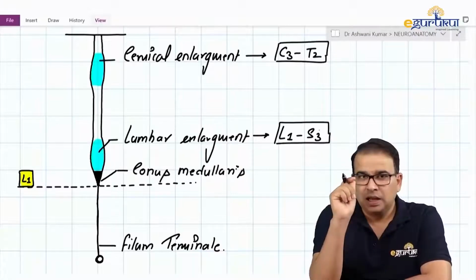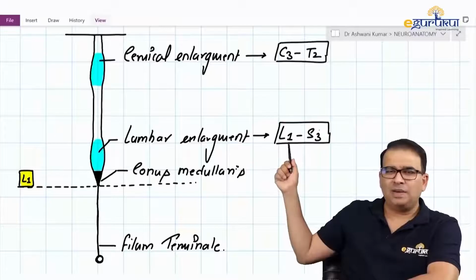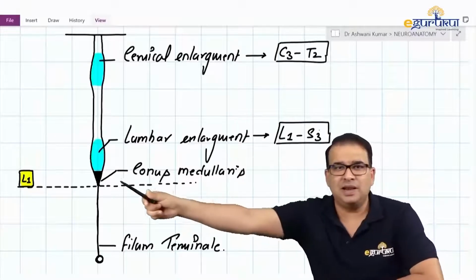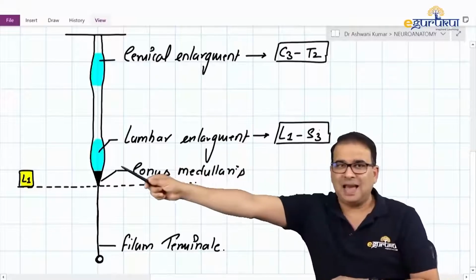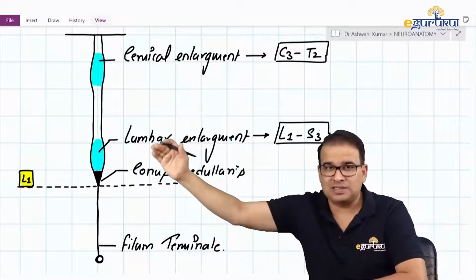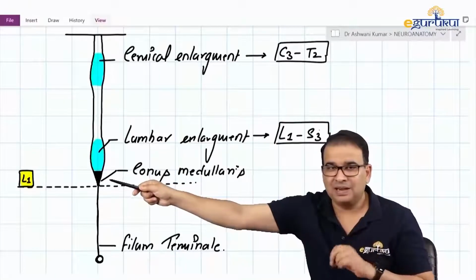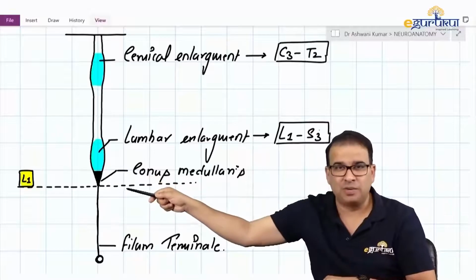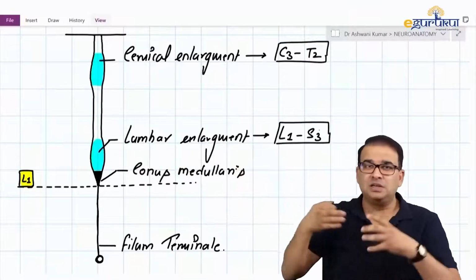Now here's the point. People get confused when they see how it can be L1 to S3 when the spinal cord is ending at the lower border of L1. Well, there's a difference between the two things. That L1 over there is the vertebral level. I said the spinal cord extends till the lower border of the L1 vertebra. But that doesn't mean the L1 nerve is also coming out from here. This lumbar enlargement is the part from where L1 to S3 nerves are coming out.